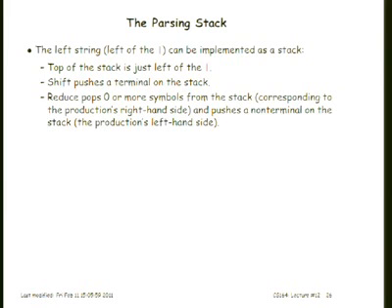Traditionally, what you do is you implement everything. You take the left things and you implement them as a stack. You keep them around as a stack. Why is a stack a reasonable thing to do? Well, because the way that a stack works is that you tend to access the top of the stack. It's the symbol at the top, or the symbols at the top, that are most readily available.